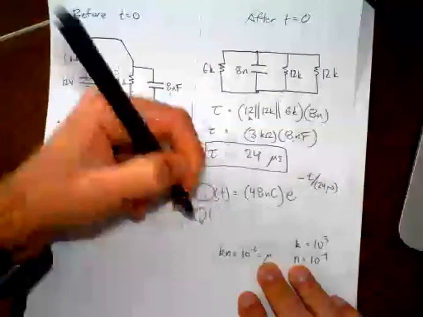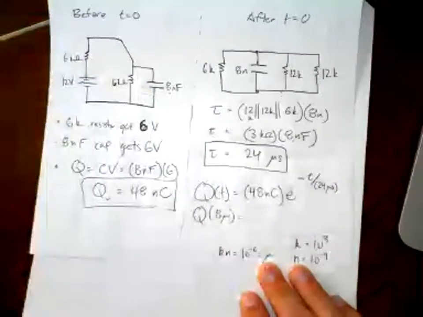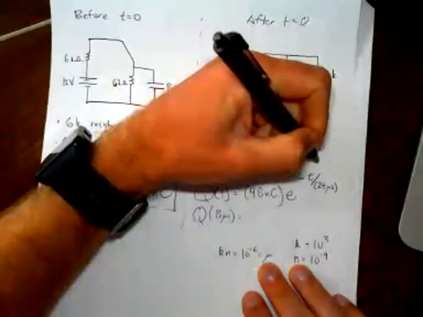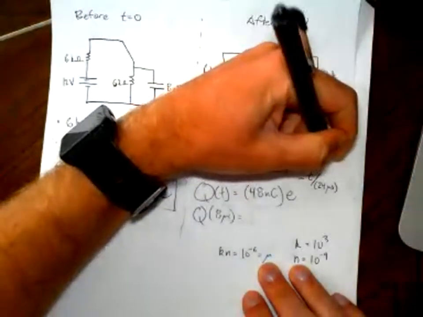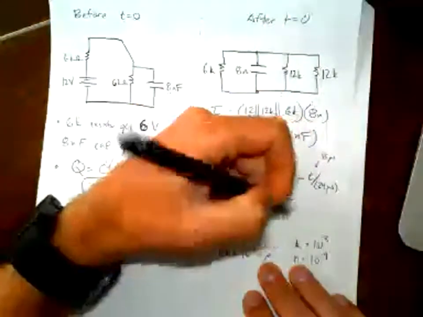That's the answer. I don't know, let's say 8 microseconds. Well, what I would do is plug in 8 microseconds here. 8 microseconds divided by 24 microseconds, that's 1/3.